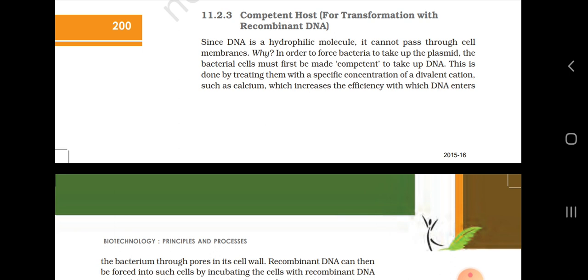The cells can also be incubated with the recombinant DNA on ice, followed by placing them briefly at 42 degrees Celsius and then putting them back on ice. This is known as heat shock treatment. Since the cell is heat shocked, the bacteria can easily take up the DNA which needs to be inserted.